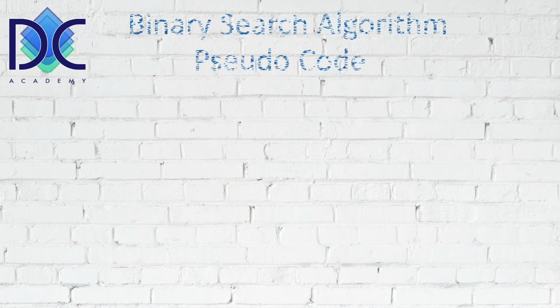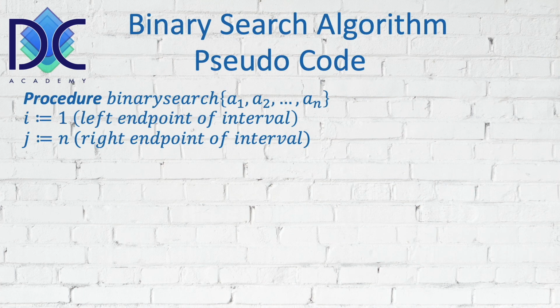Now let's have a look at the binary search algorithm pseudocode. We have a procedure here which I call binary search from A1 to AN, an ordered interval. I equals 1 is the left endpoint of the interval. J equals N is the right endpoint of the interval. So we have from 1 till N, the start and the ending.